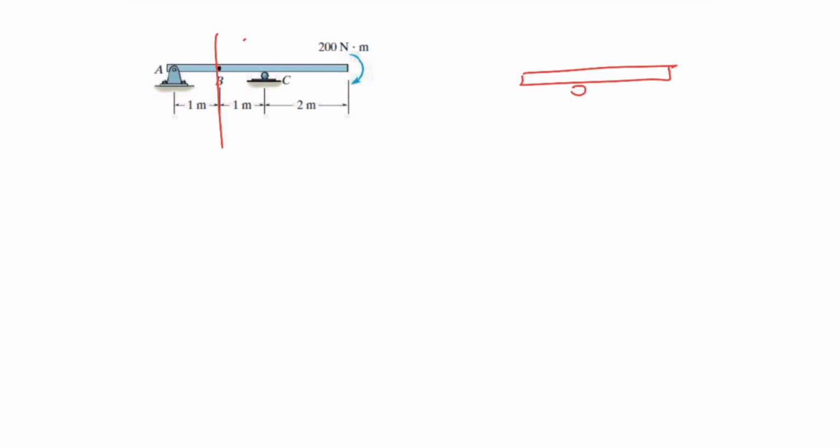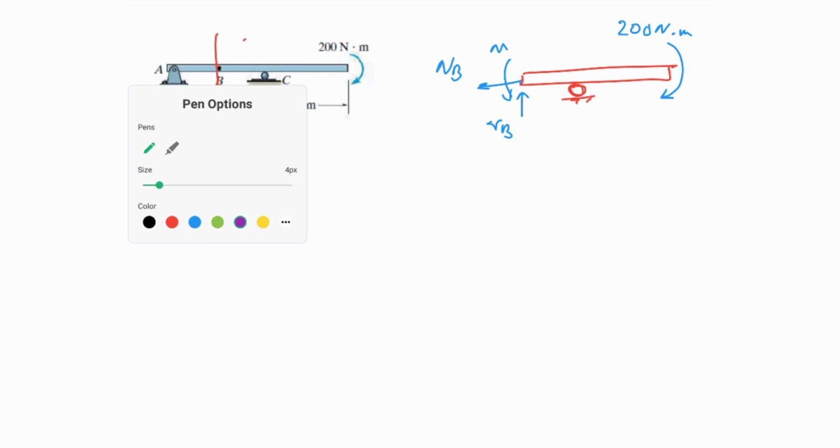I have a roller over here, and by cutting through point B, I have three unknowns over there: NB, VB, and M, which is like this. And I know that 200 Newton meter is applied at the end, and instead of this roller, we need to put the forces which are applied on that.